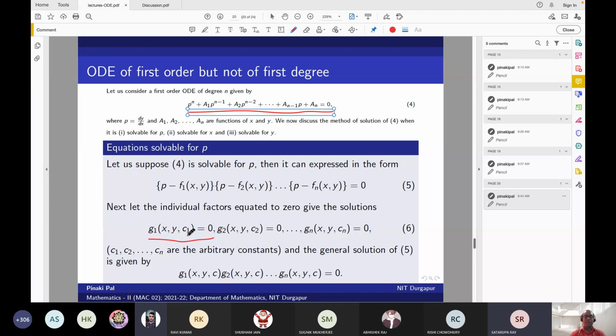Instead of writing n arbitrary constants c1, c2, c3, we will just replace c1, c2, c3, cn by c, and we can write the solution in this form: g1(x,y,c) g2(x,y,c) ... gn(x,y,c) equal to 0. So we have to deal with the separate factors one by one and find the solution, and eventually we can write the general solution of the original higher degree differential equation.